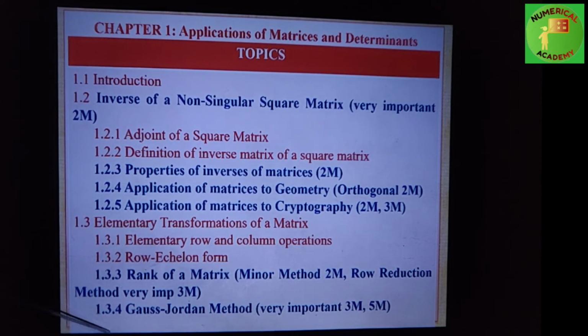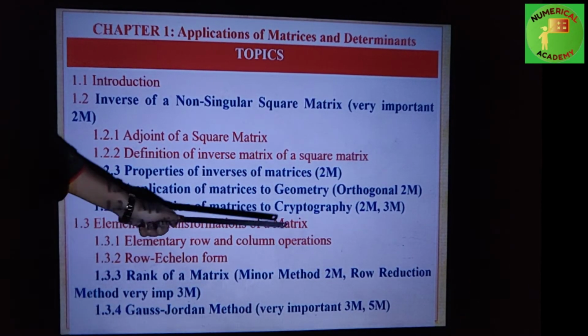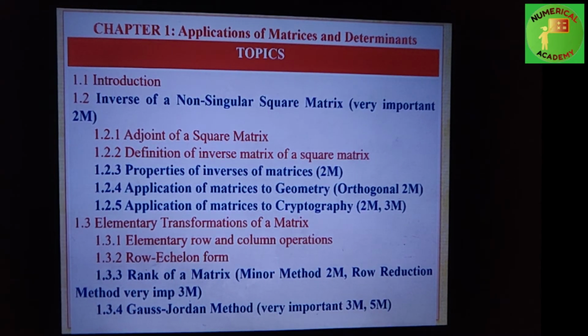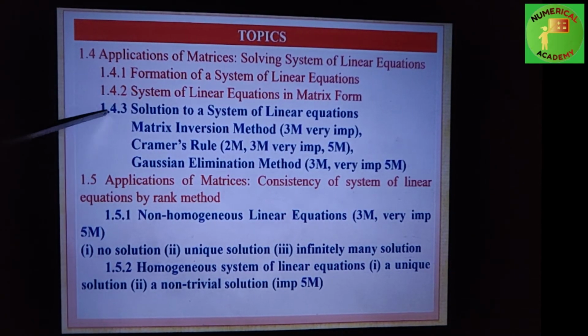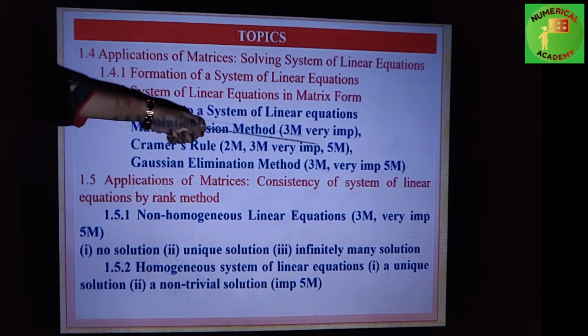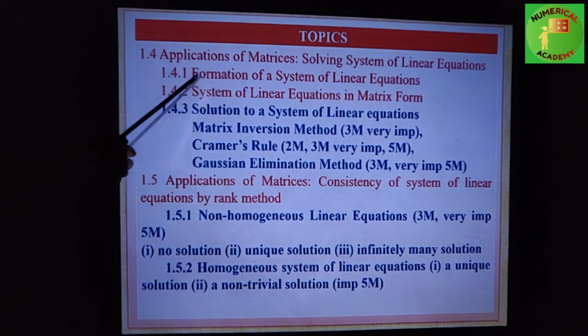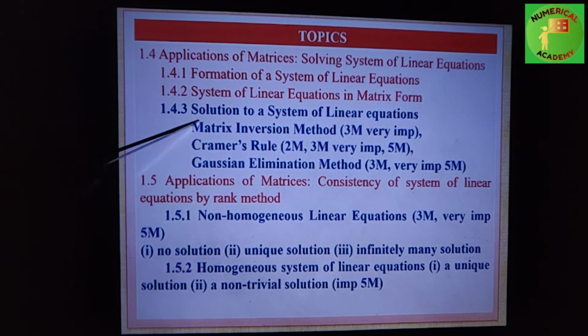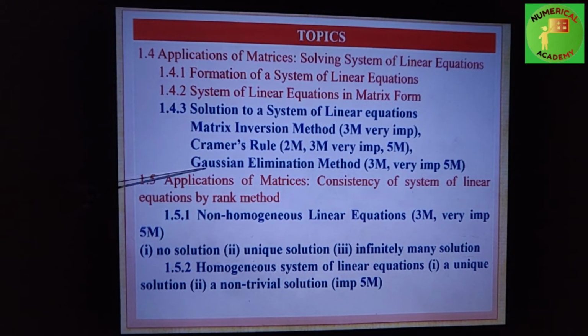Then comes the very important topic, the Gauss-Jordan method, which is very important for 3 marks and 5 marks. Then in 1.4 you have to give main concentration to 1.4.3, solution to a system of linear equations, where you can solve in 3 methods: the matrix inversion method, Cramer's rule, and the Gaussian elimination method.